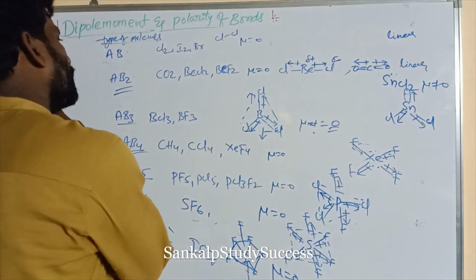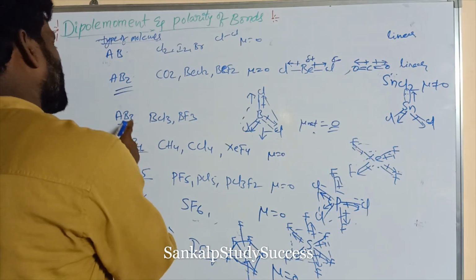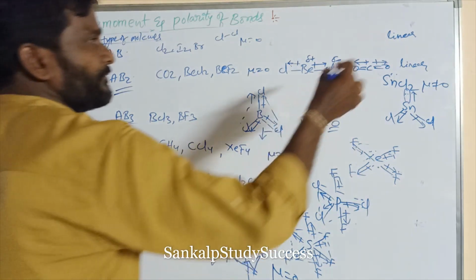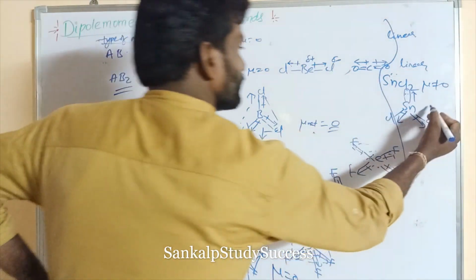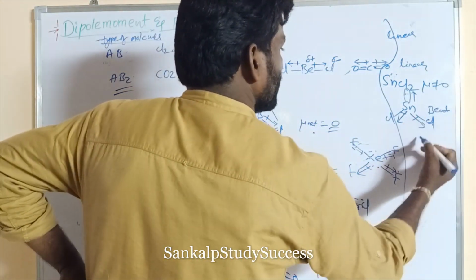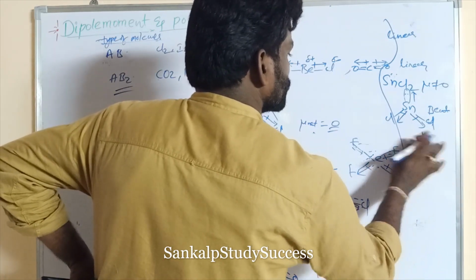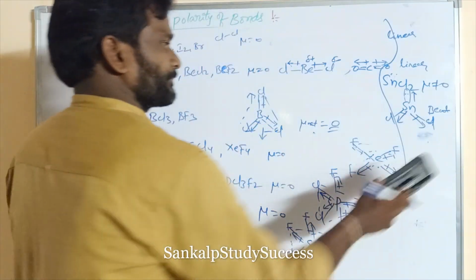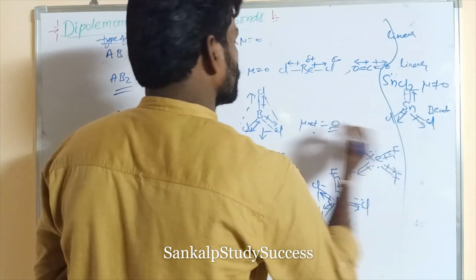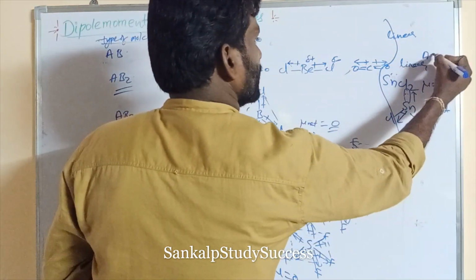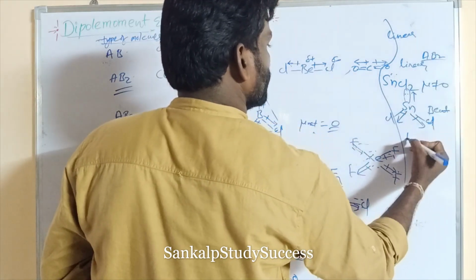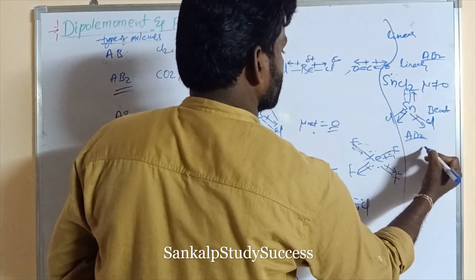And we go to AB2 type. In this distorted molecule, it has a bent shape, right? Similarly H2O, this is an AB2 type, AB2 type molecules like SnCl2 and H2O.